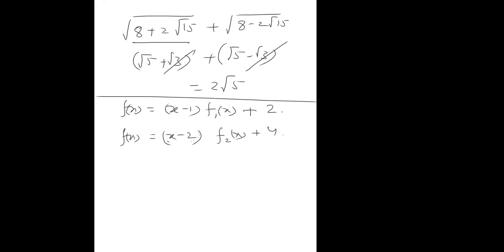Then find the remainder when it is divided by (x minus 1)(x minus 2), which is ax plus b, right?